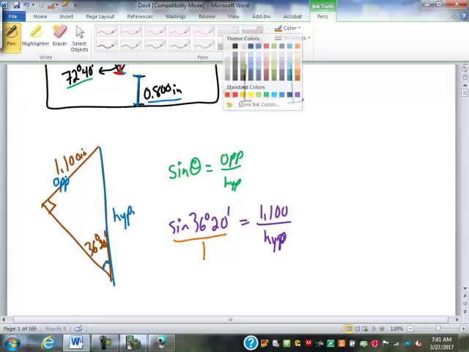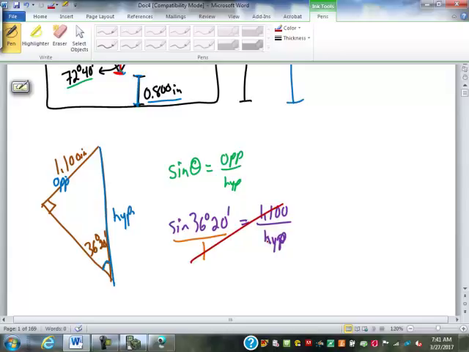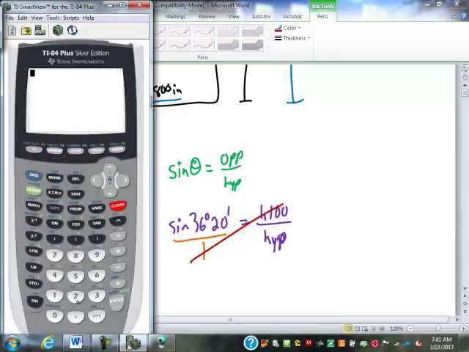So here to solve this, it's going to be 1 times 1.1, which of course is just 1.1, divided by the sine of 36 degrees 20 minutes. Now I have to go into my angle menu. Your angle menus are different for each of your calculators. 36 degrees, 20 minutes.